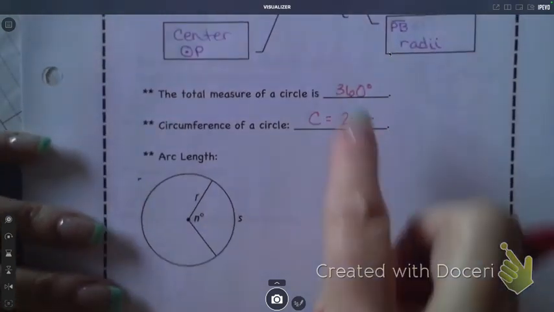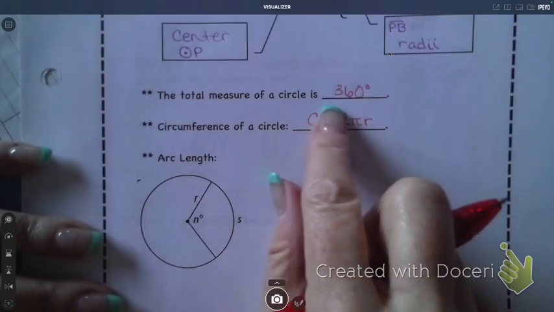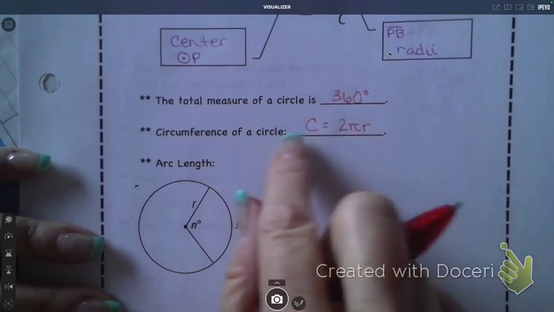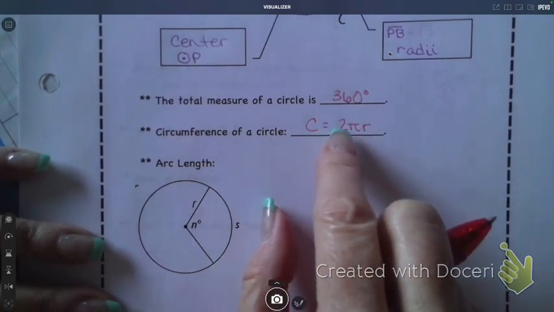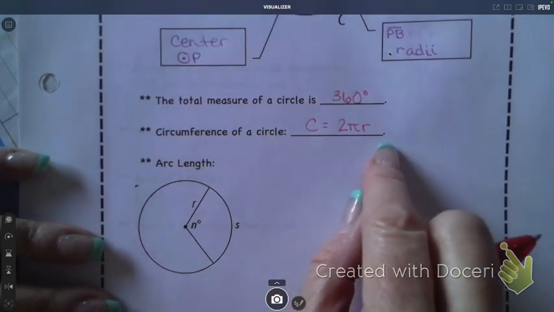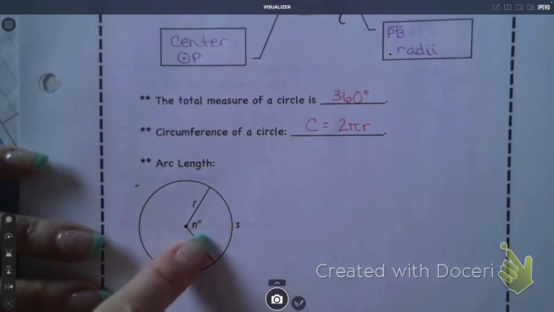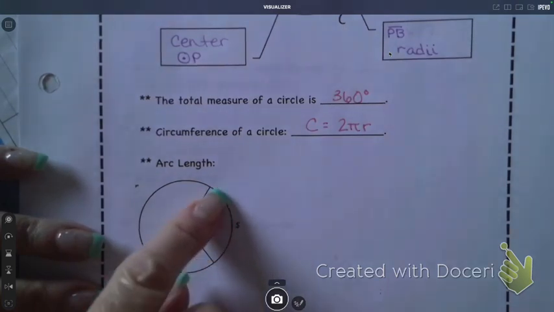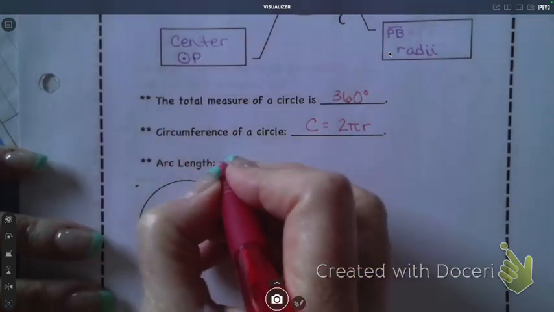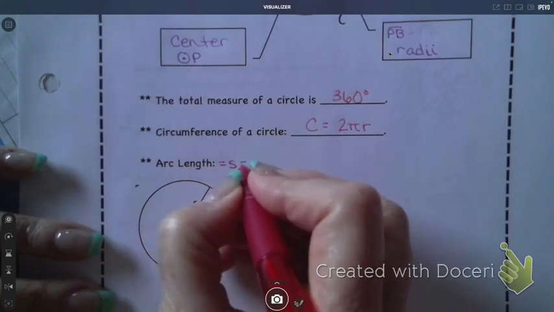So if a total circle is 360 degrees and the circumference is 2 pi r, how would I find S? Arc length equals S. How would I do that?